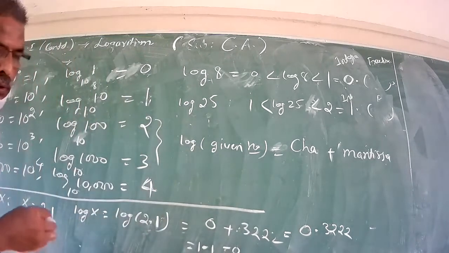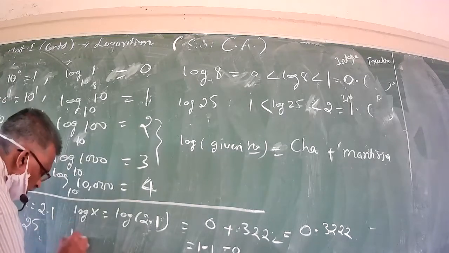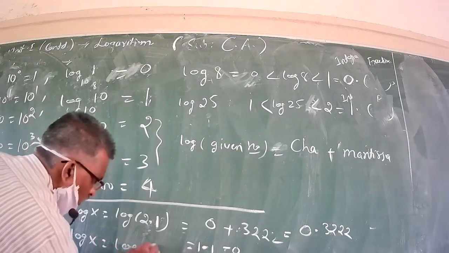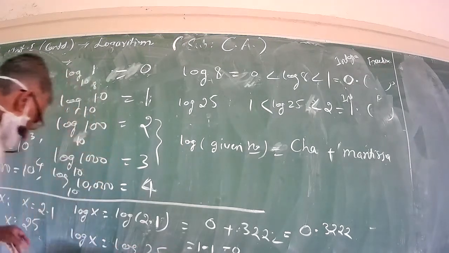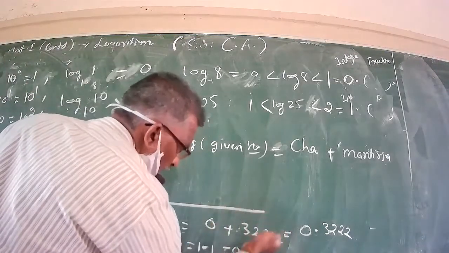Similarly, suppose x equal to 25. Then log of x equals log of 25. Again there are two parts, the characteristic part and the Mantissa part.